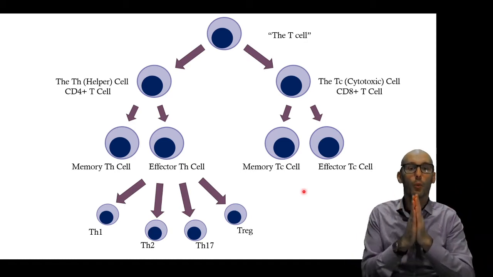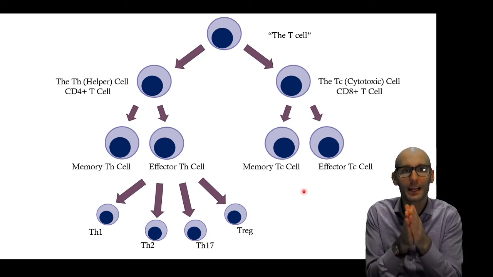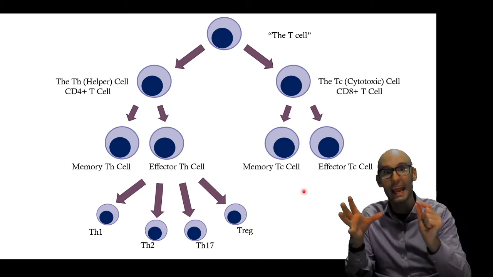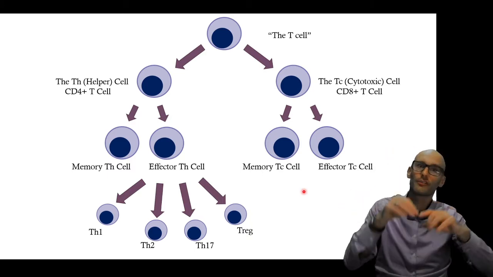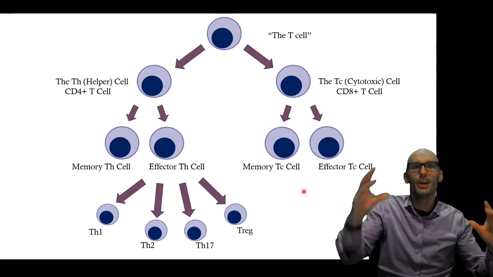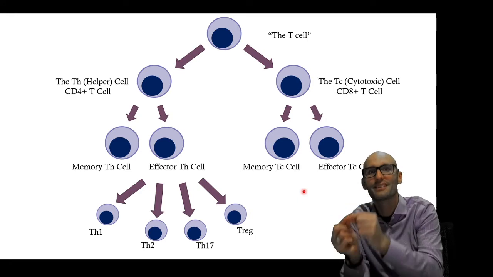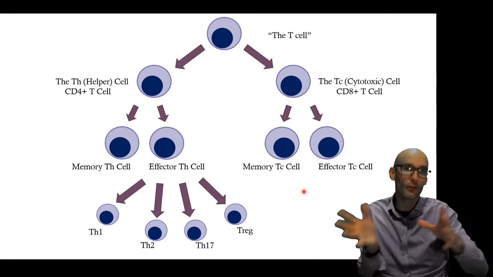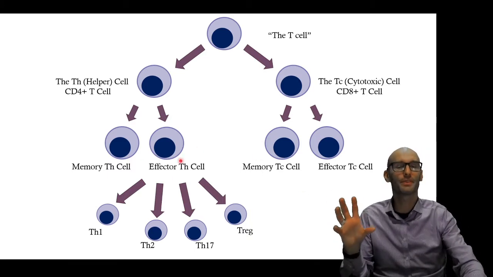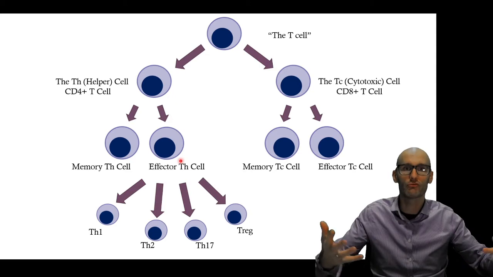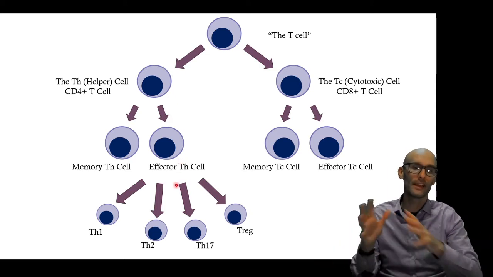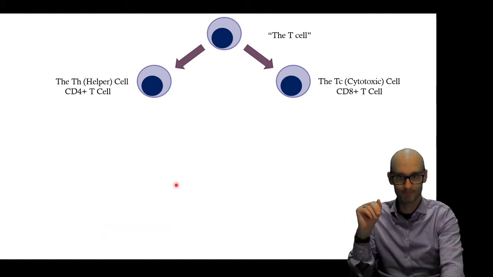That would require a completely different immune response to a virus, which is tiny and lives inside of cells. So you've got a giant worm wiggling around your body that requires a completely different immune response to a tiny virus that lives inside of cells. And so for each of those kinds of pathogens, we need a different immune response. And because a T helper cell helps mediate the immune response, we needed a different kind of T helper cell. So that's why there's so many different versions of that.